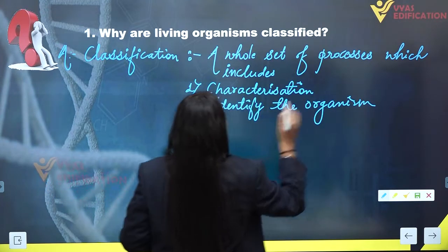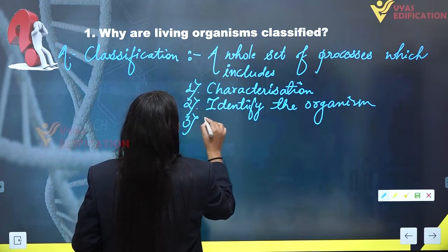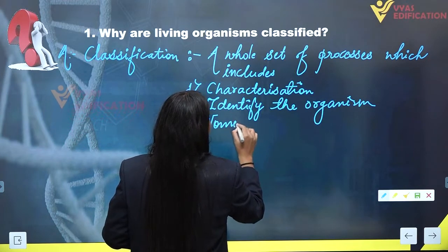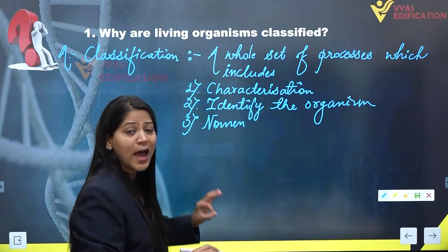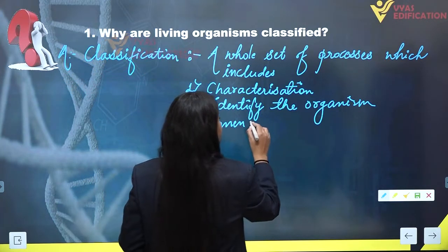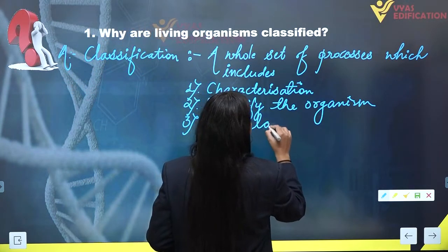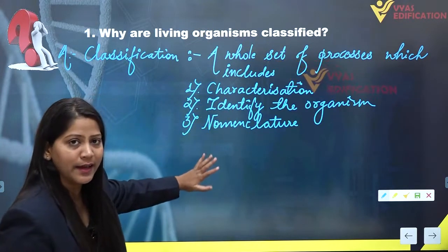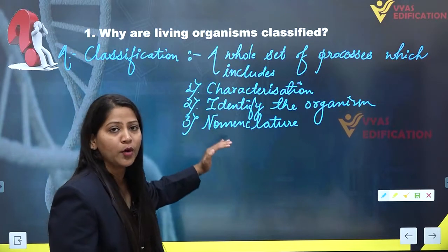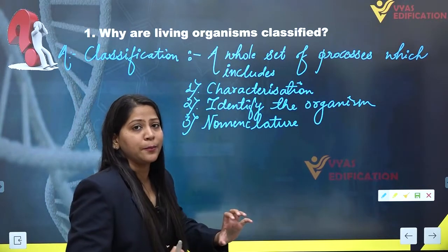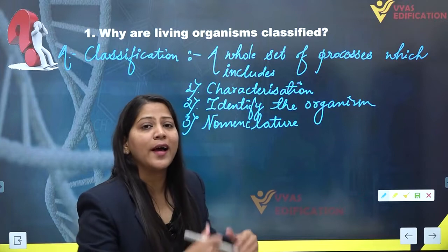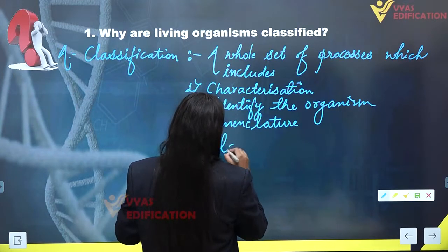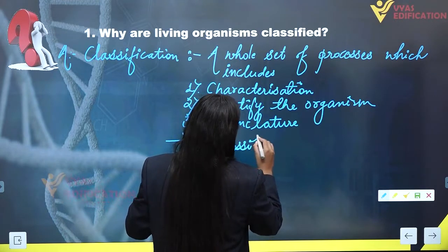Then we provide the name to the particular organism, and that process is known as nomenclature. So the last process in this will be nomenclature. After following all these three processes, we finally are in the position to classify any particular organism.